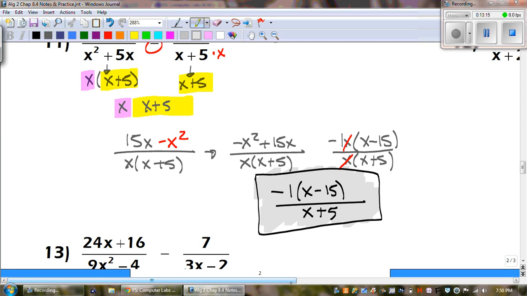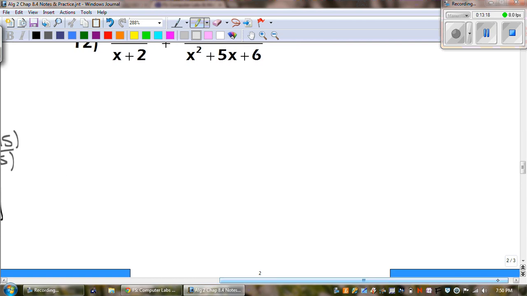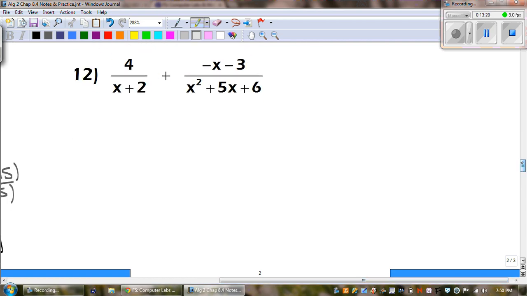All right. So you guys need to know how to factor at this point. Okay? You need to know off the top of your head that you're trying to multiply to get to 6 and add to get to 5, that those numbers are 2 and 3. And so this breaks down to x plus 2, x plus 3.